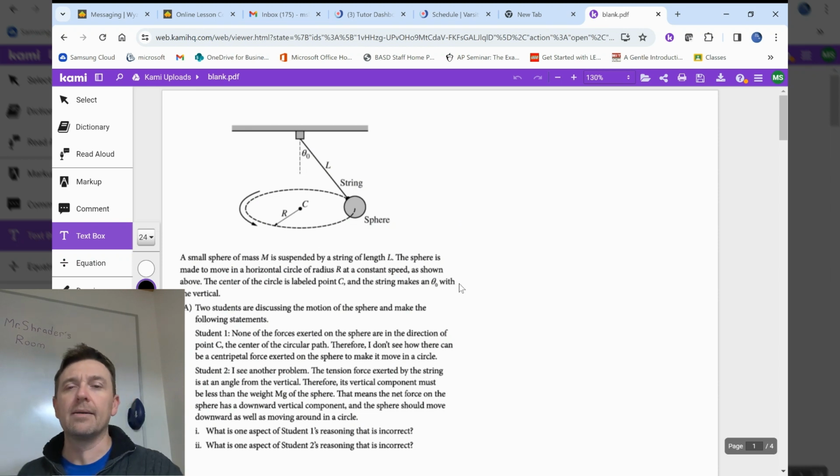So pause here, go ahead, read the problem to yourself, take a look at this picture, and see if you can wrap your head around what's physically happening.